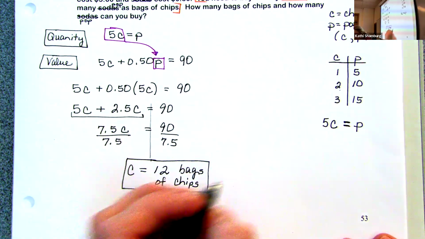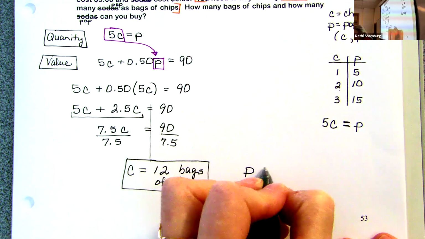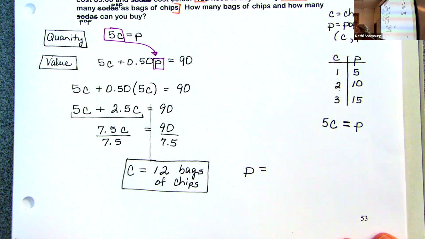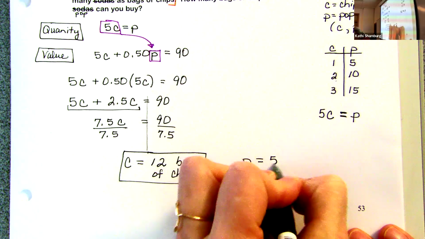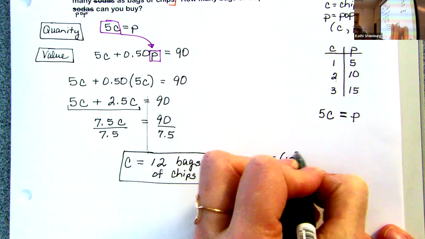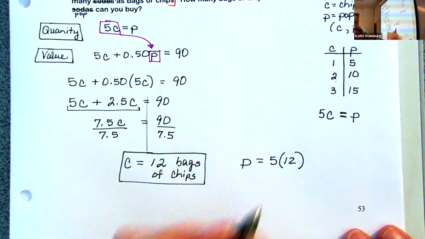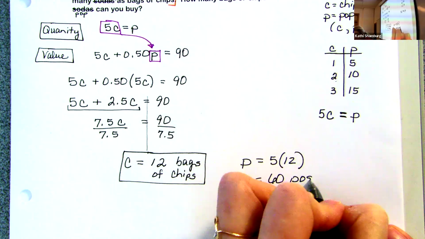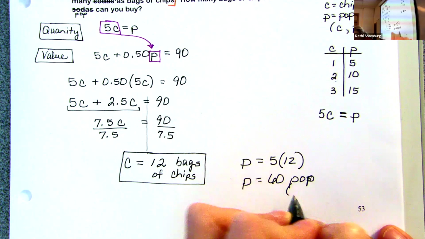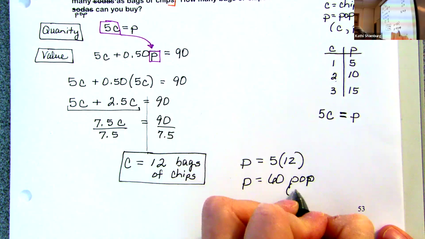And we know then our pop, we need 5 times that, right? Isn't that what it said? So we need 5 times the number of bags of chips. So we need 60 pop, but POS, that's not good.